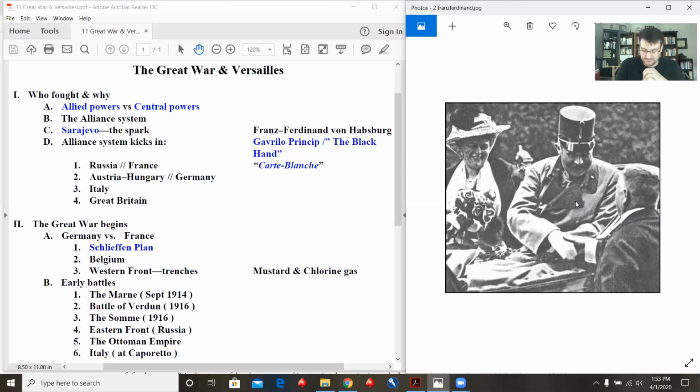1389, and this is the 525th anniversary of this, there was the so-called Battle of Kosovo. And to Serbians, the Battle of Kosovo, June 28th, 1389, is a big moment for Serbians. In this battle, they went up against the Ottoman Empire, an Islamic civilization, and they lost badly at the Battle of Kosovo.